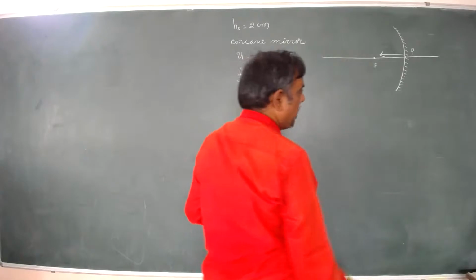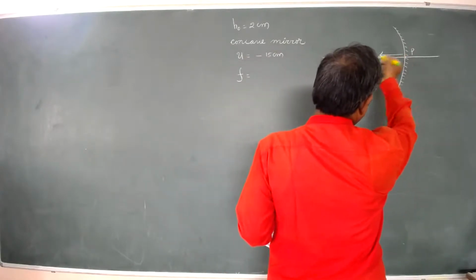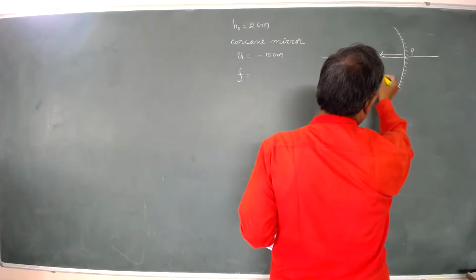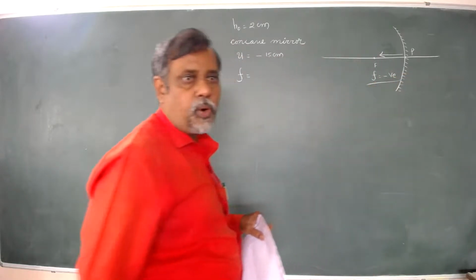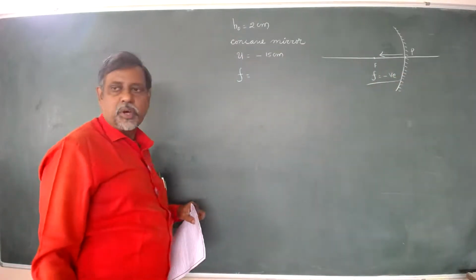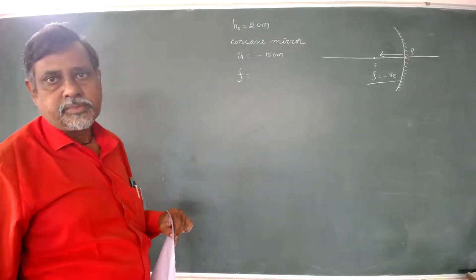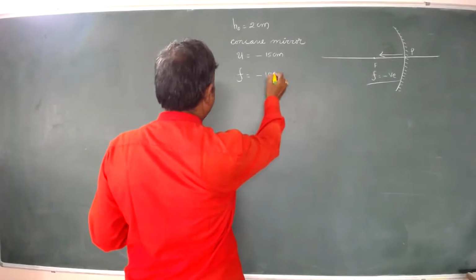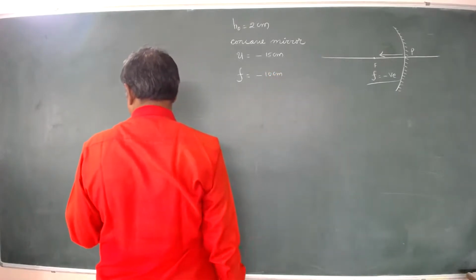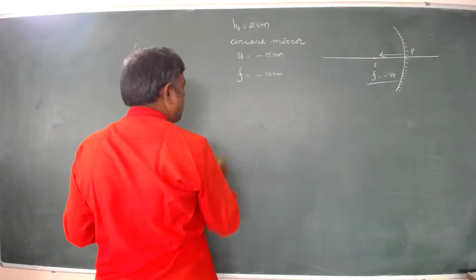Since you are measuring the focal length in the left direction, for concave mirror, focal length becomes negative. So this becomes minus 10 centimeter. Find the position, size, and the nature of image.